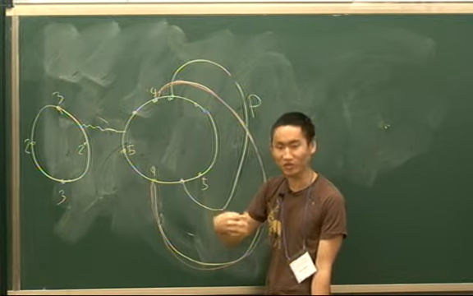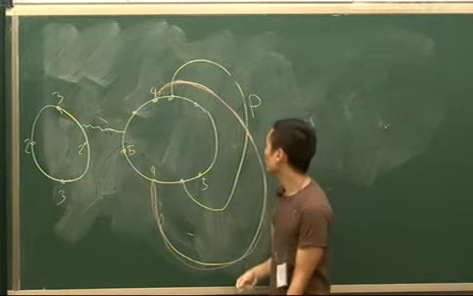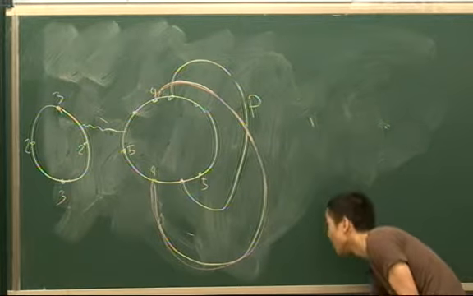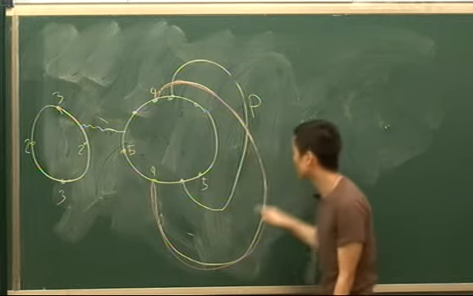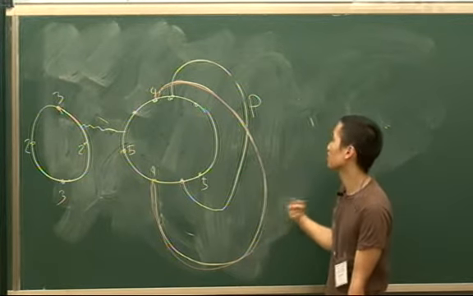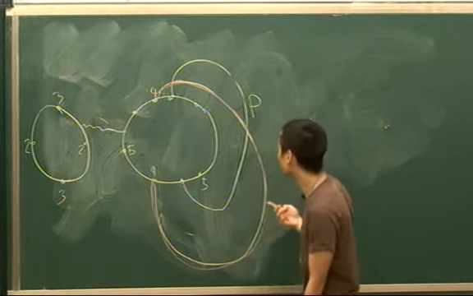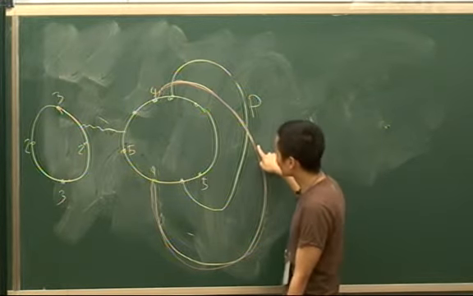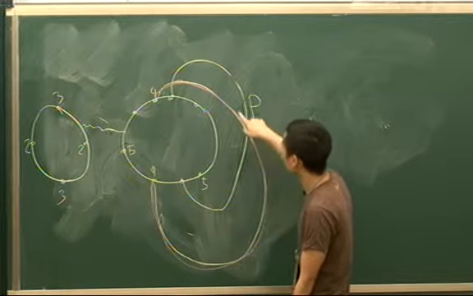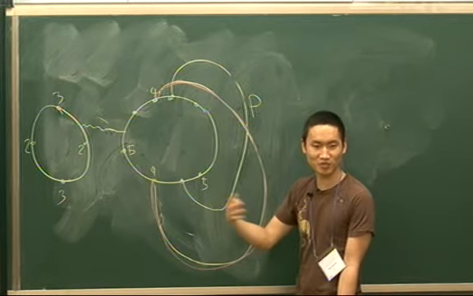So the minimum over all curves of the same type, right? And in fact, whenever you have two curves like this, it depends whether this curve is separating or not, right? So for the moment, let's assume that it's non-separating, right?